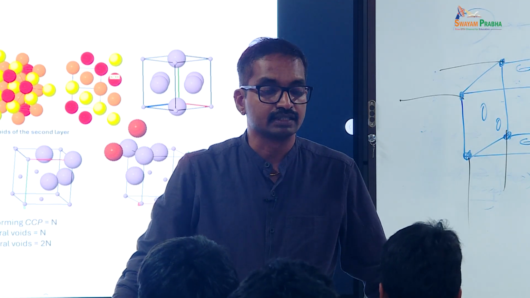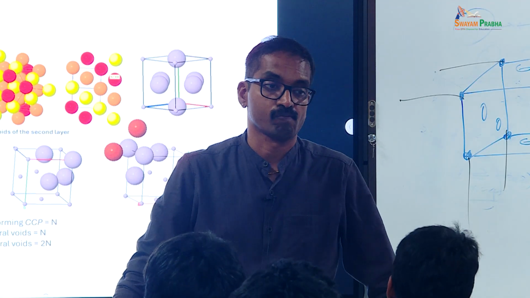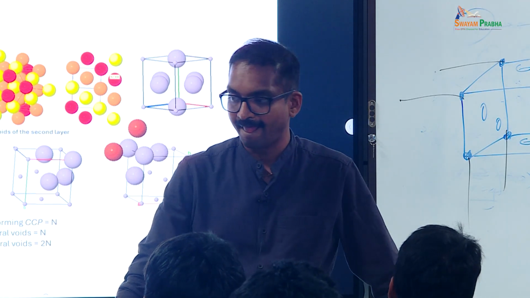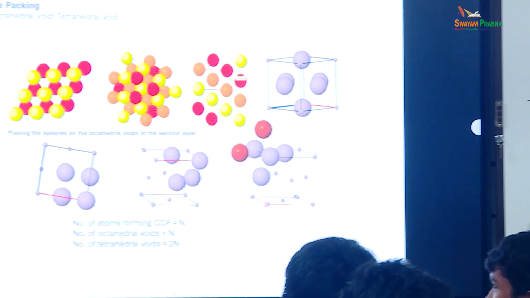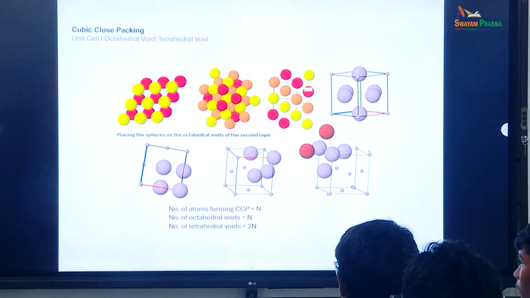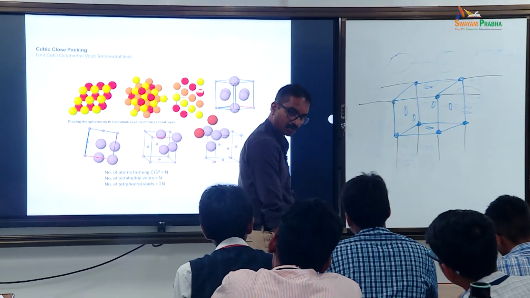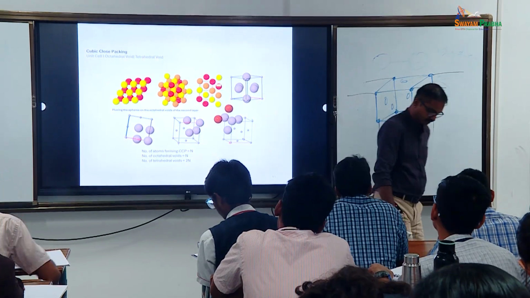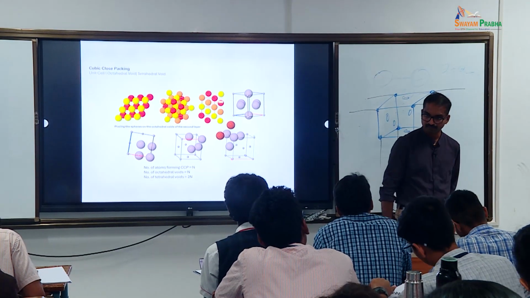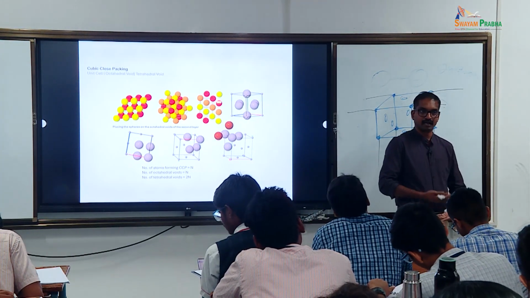But the lattice grows also in the z direction. So this point will be a junction of 8 unit cells. That means each atom gives only 1/8 to the given unit cell. So altogether 1. We have 3 coming from the face centers, 1 from the corners, totally 4. Right? Totally 4 atoms contributing to the unit cell.